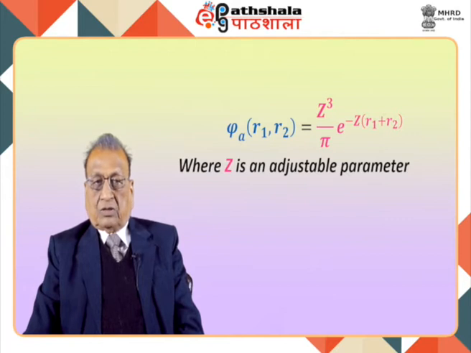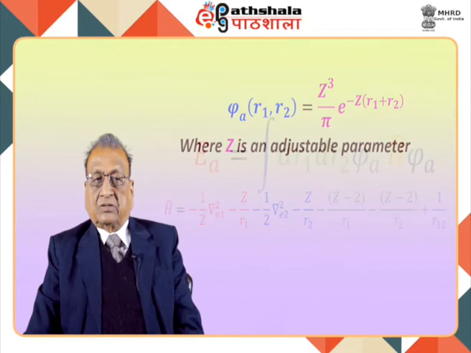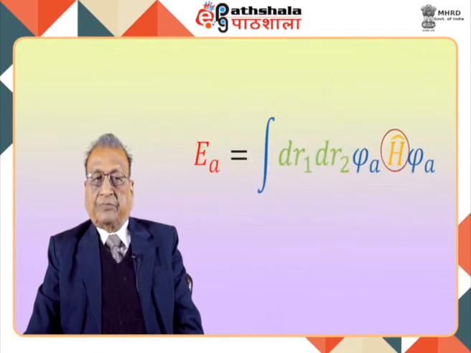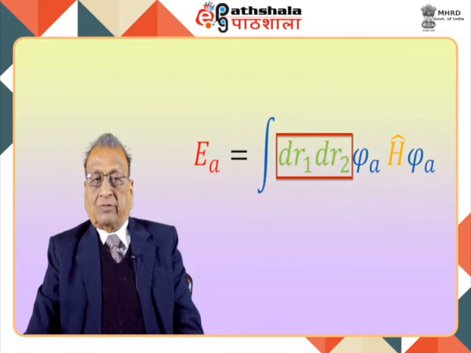Now, the Schrodinger equation with this approximate wave function becomes like this, and if you keep on solving, we obtain the energy equal to this integral with the Hamiltonian and the approximate wave function, integrating over the volume elements of electron 1 and electron 2.